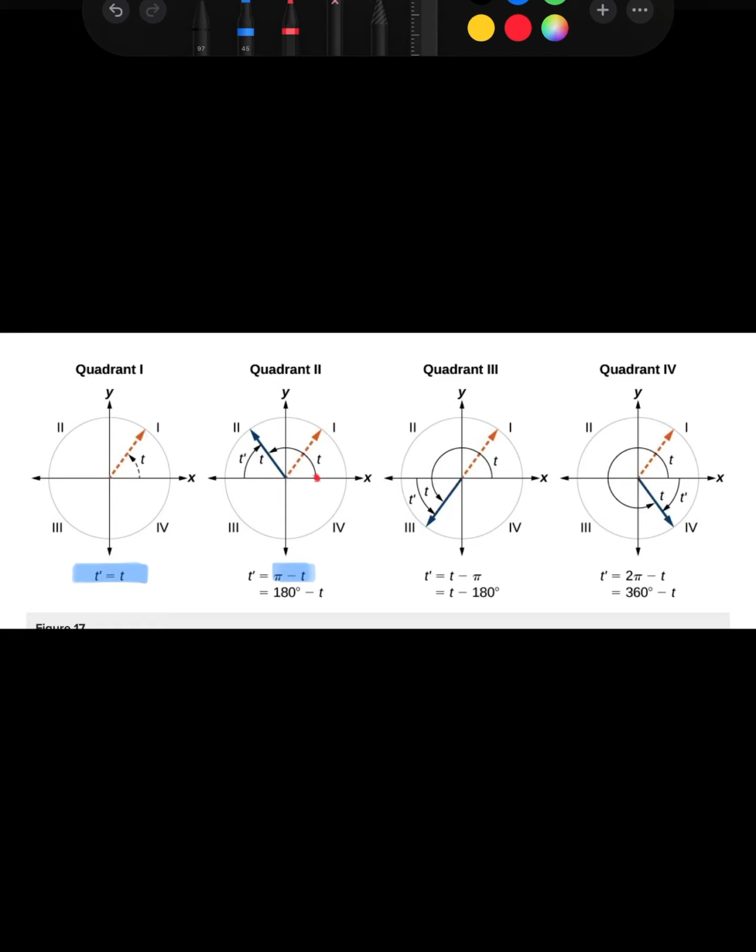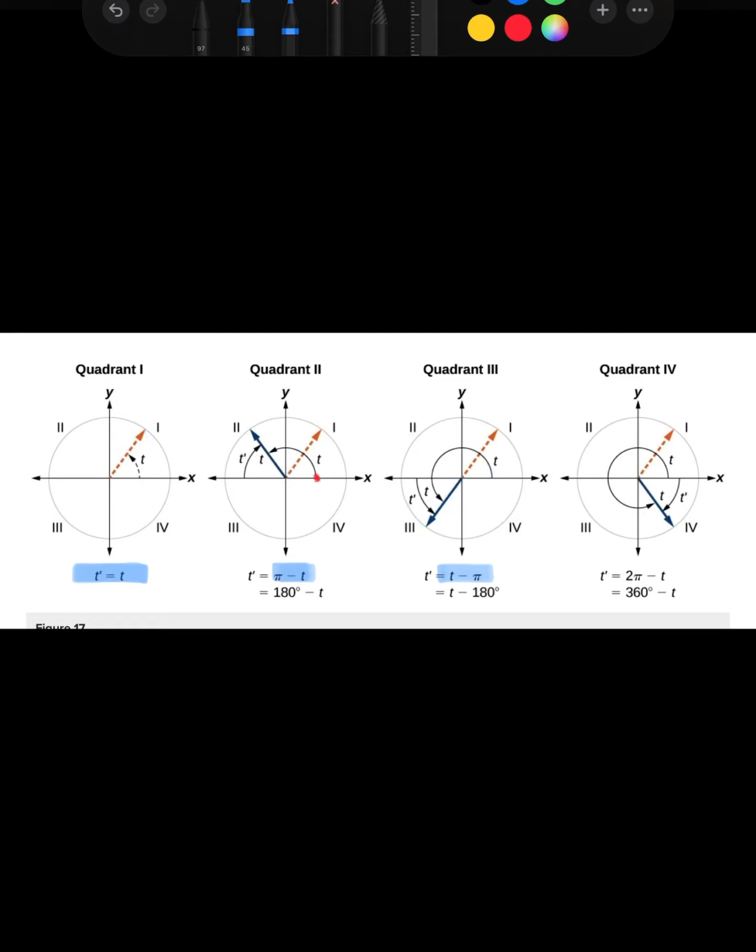When I'm in quadrant 3, I take t and I subtract pi. I start with my angle t all the way here, and then I subtract from that an angle of pi. And what's left over is that beautiful reference angle.